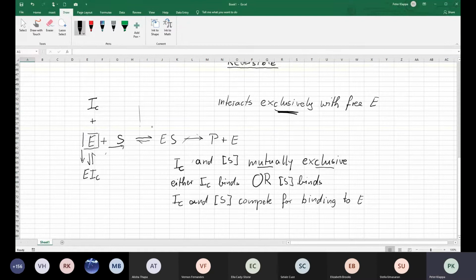So what is going to happen here? How does this inhibitor affect things? Because it competes with the substrate, this inhibitor is called a competitive inhibitor.